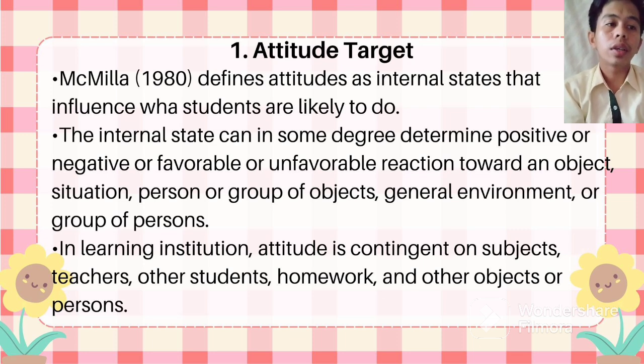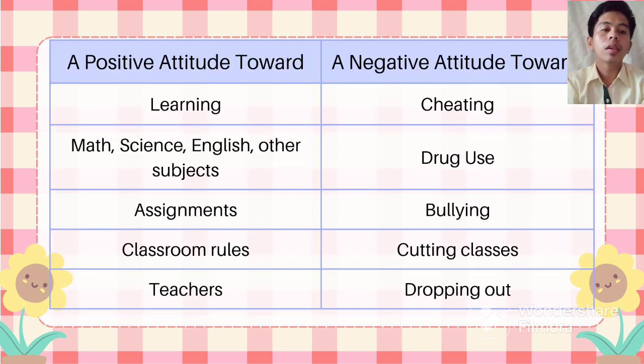In learning institution, attitude is contingent on subjects, teachers, other students, homework, and other objects or persons. Most often, one can identify the positive or negative attitudes that a person intends to foster or at least keep track of because these attitudes are related to current and future behavior.